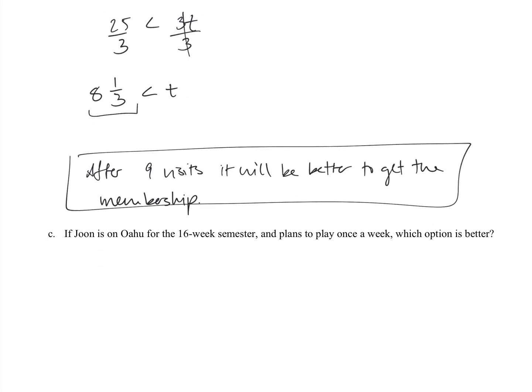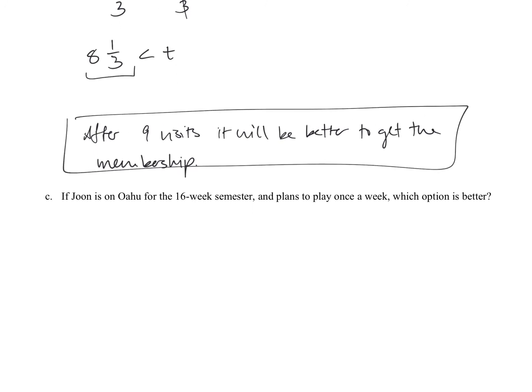If June is on Oahu for a 16-week semester and plans to play once a week, which option is better? Okay, so let's just think through this one. 16 weeks and he plans to play once a week. So that means he plans to play at least 16 times.